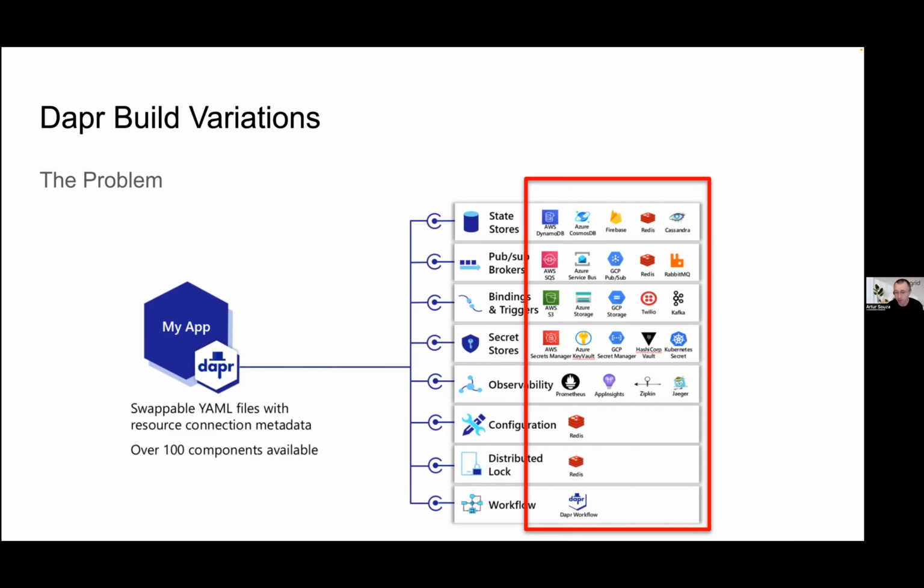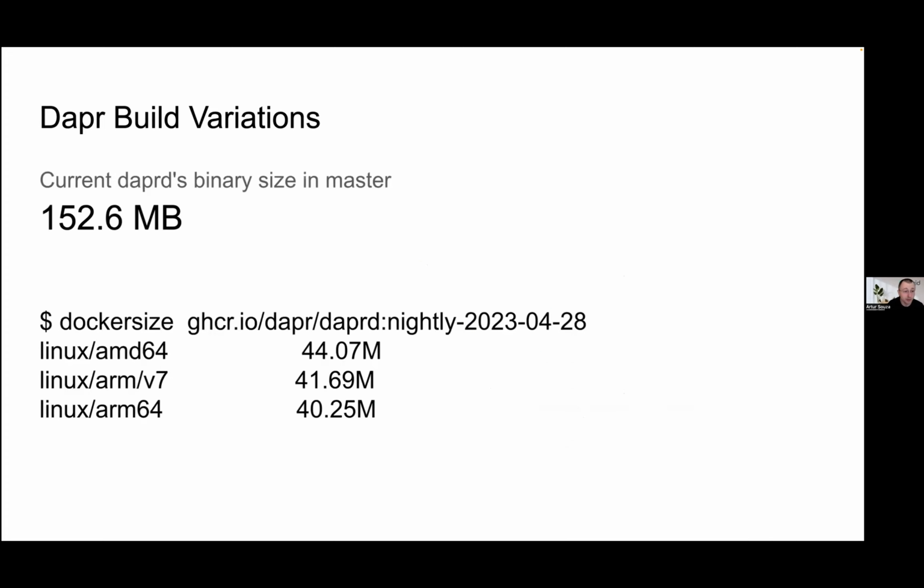And some components we want to absorb, but they're still going to take some time to become mature. But they still take up binary size and also memory space when you run the sidecar. So in order to be able to accept more contributions from the community, and also not compromise on having a lean binary for the users, we decided to work on build variations.